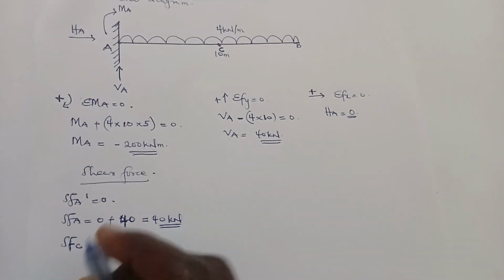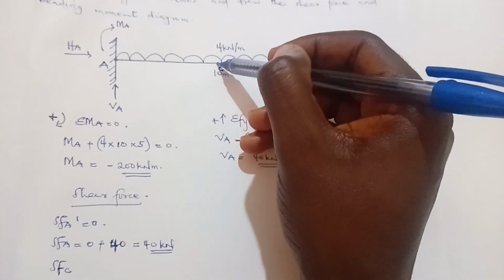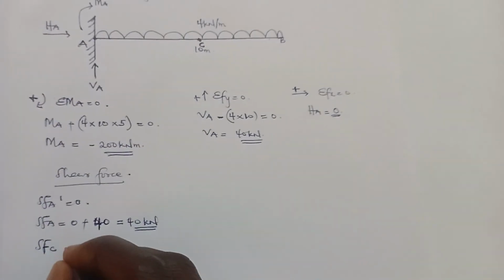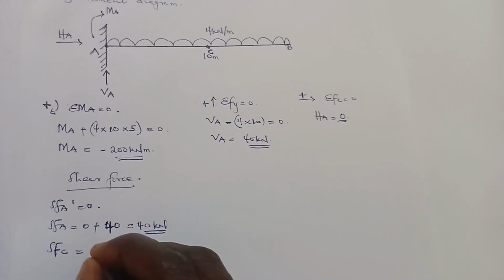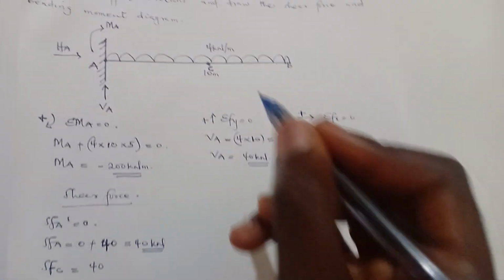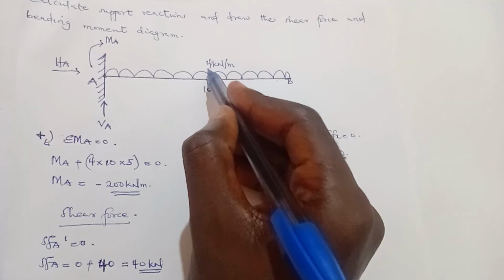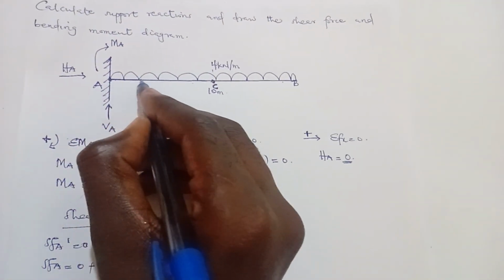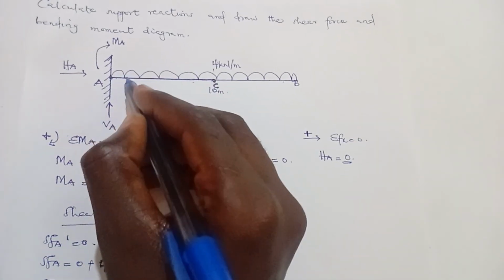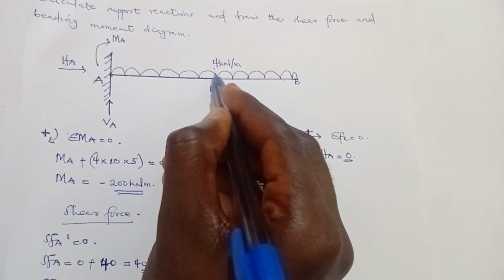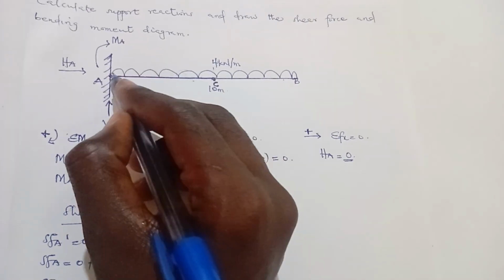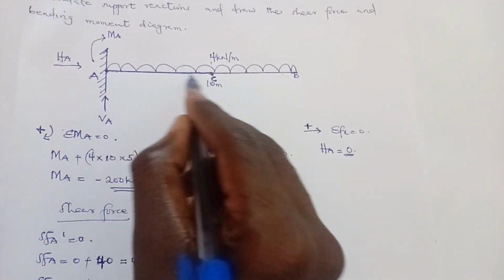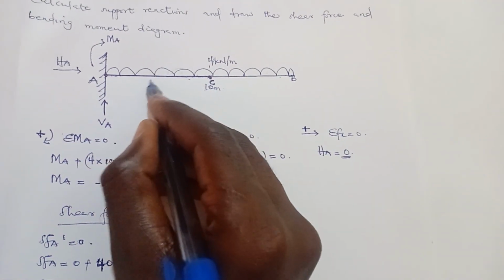So shear force at C. That means you are making a cut at C. So this will be equal to the previous one, which is 40. And remember, we made a cut at C and we are picking this part. So this part will still remain. So the force per unit length of this part is still 4 kilonewton per meter. But the distance will no longer be 10, the distance is 5.